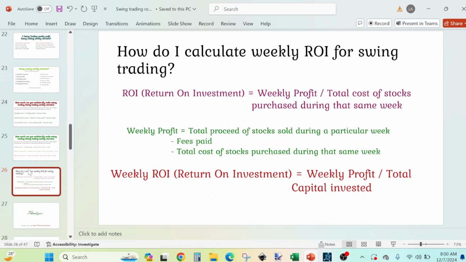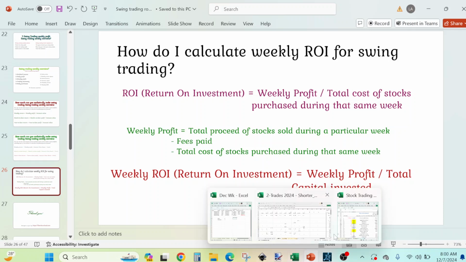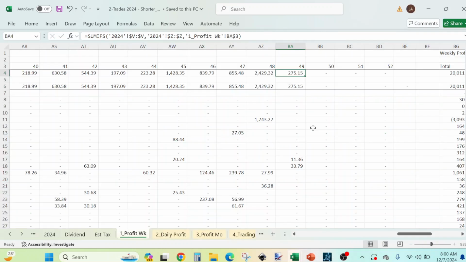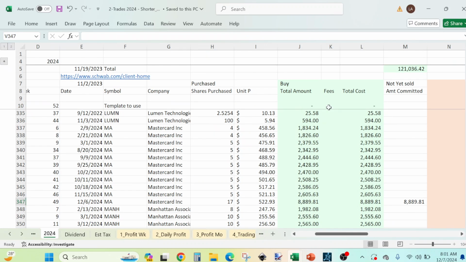But let's go back. There are two ways that we calculate the return as well, one that I like over the other, using the same two ways that I just mentioned. This is the buy session for any particular week.